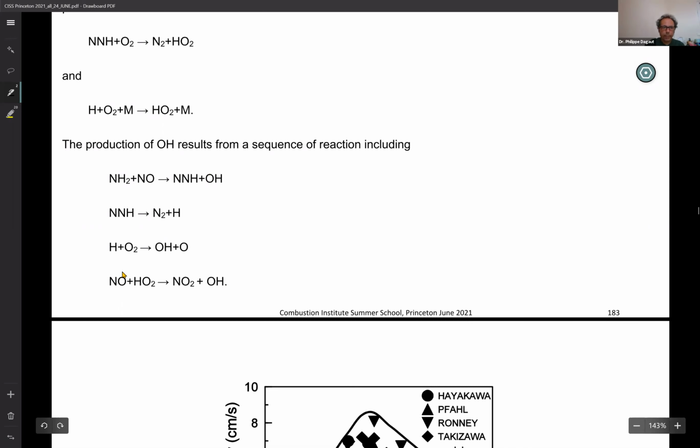And finally, NO also reacts with HO2. It's a fast reaction, producing NO2 and OH. This reaction is also very important in the troposphere. It is responsible for the formation of NO2. The presence of NO2 is clear when you look at the sky and you have a brownish color.